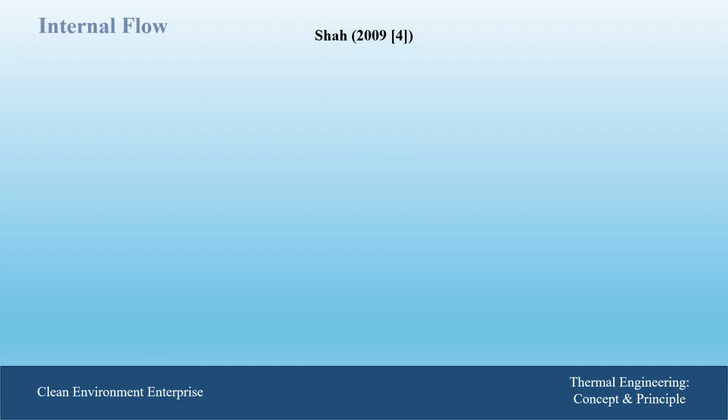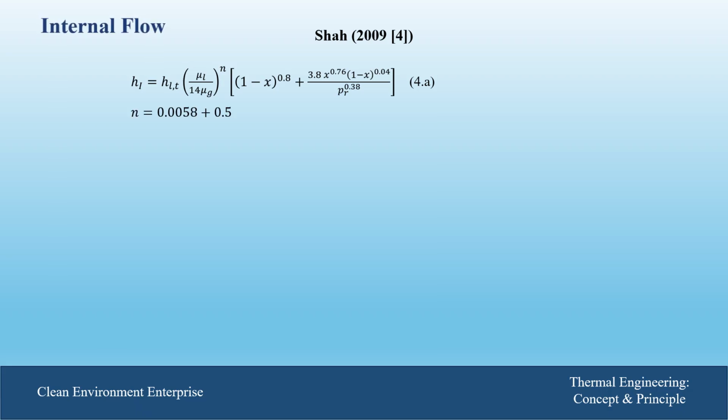Shah in 2009 has presented, in fact, three correlations depending on the zone of flow. That is the first, second, and third zones, and these zones depend on some conditions which depend on Reynolds number, of course, and he presented the correlation in a form similar to the old one which has been mentioned in Shah as reference number 3.